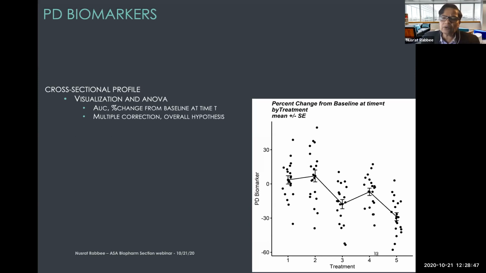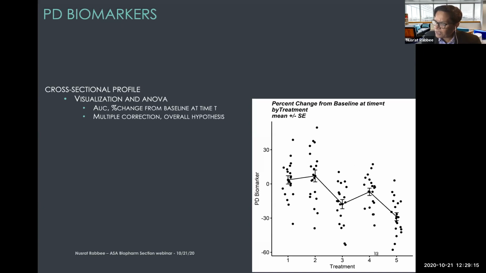Now, as we do this sort of cross-sectional analysis, when I say cross-sectional, I mean at a specific time. Maybe 1 month is important in a certain drug category, like insomnia. It could be 1 year in some other disease-specific context.